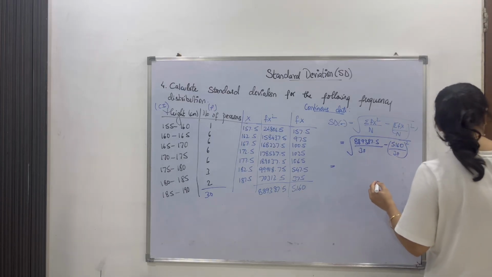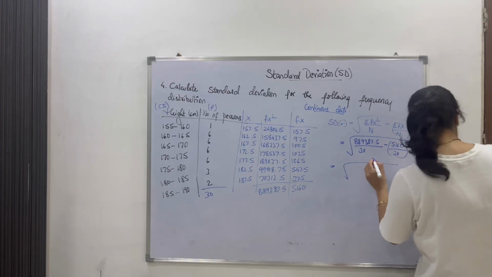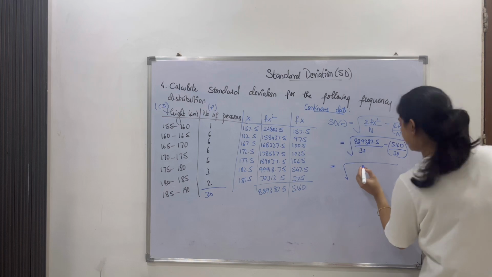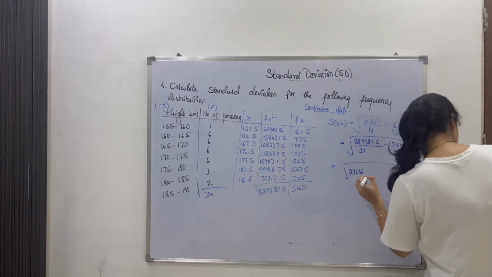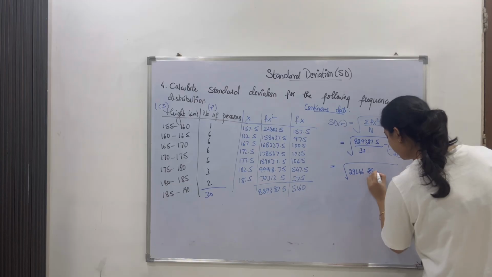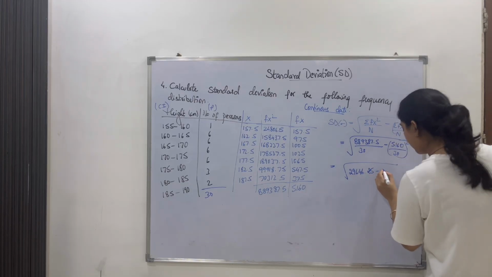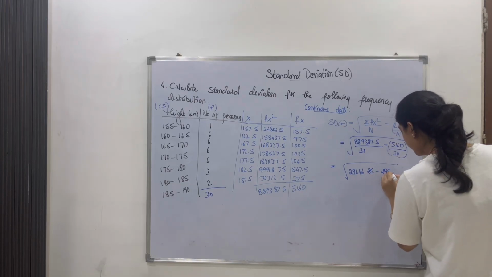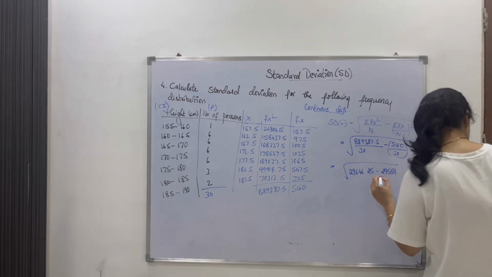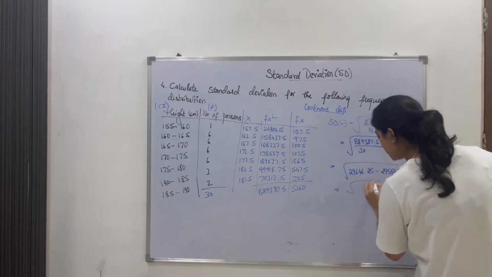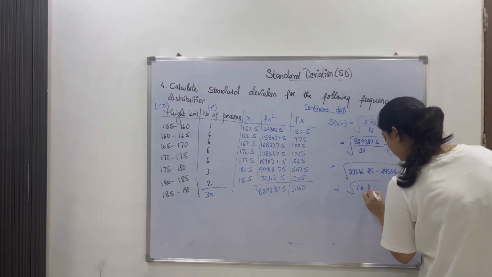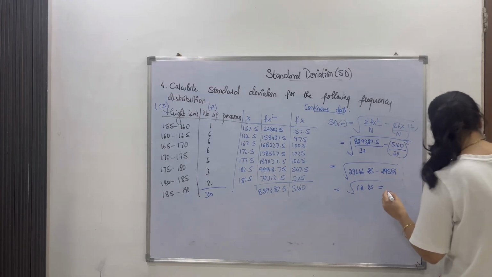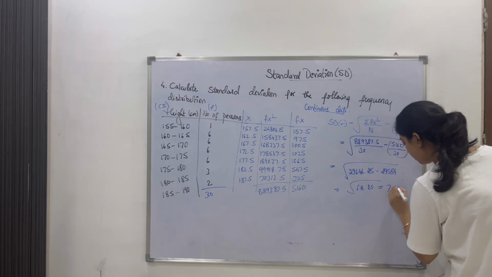Now dividing this, we are going to get 29646.25 minus 29584, and the value of this is 62.25, and getting the root value, which is 7.89.